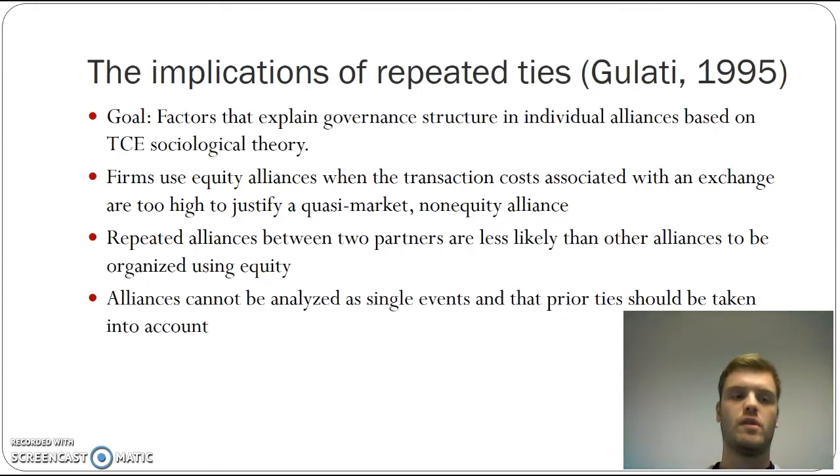The previous literature always saw an alliance as a single event, so they didn't look at the prior ties, which can lead to more trust among companies, but they've always ignored it, and this should be taken into account.